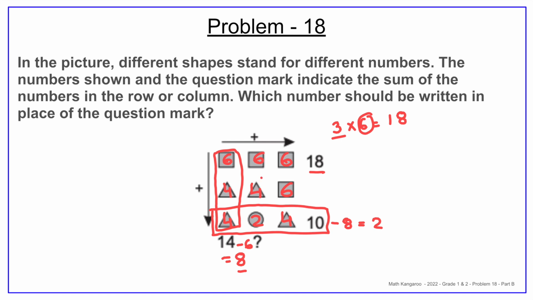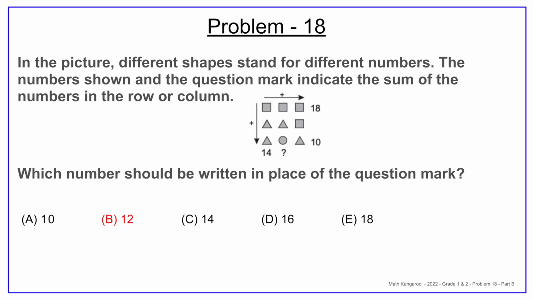So now we have all the numbers assigned to the shapes. Now we have to determine this question mark. So we have 6 plus 4 plus 2, that is 12. So our answer is option B, 12.